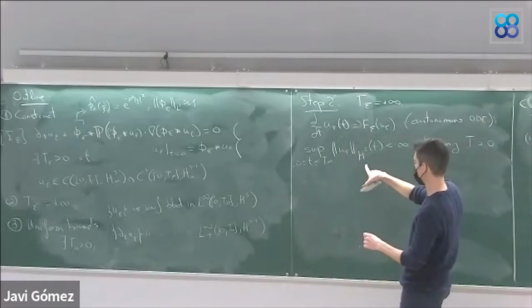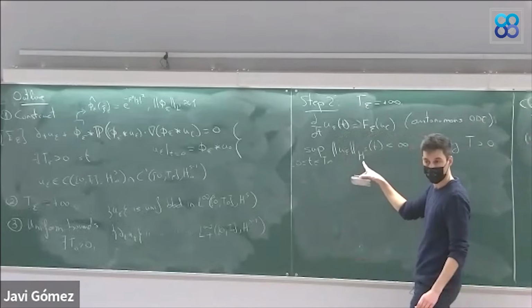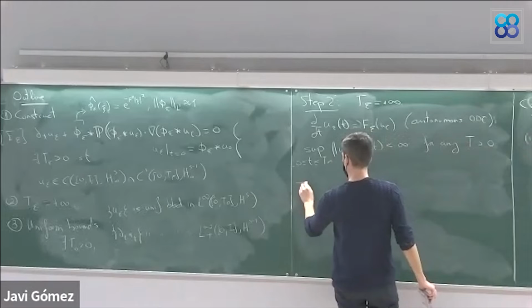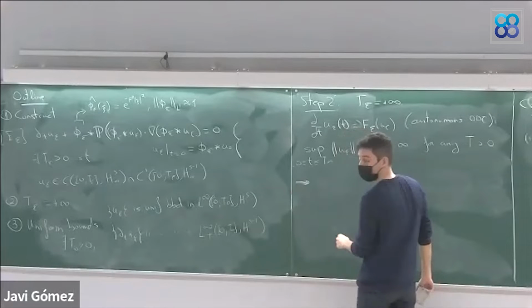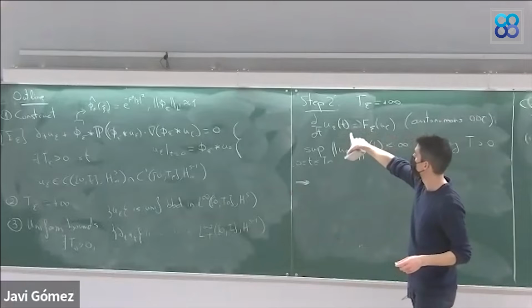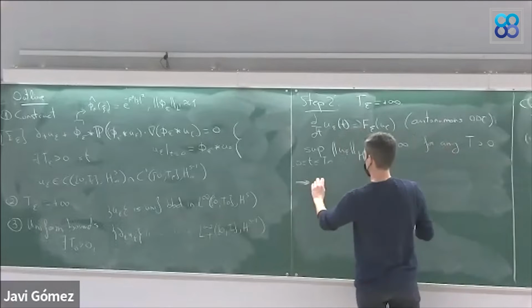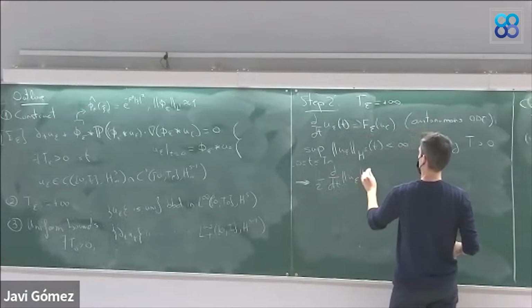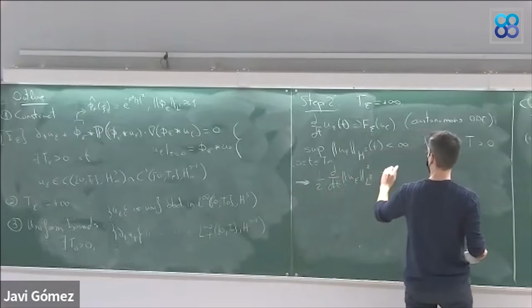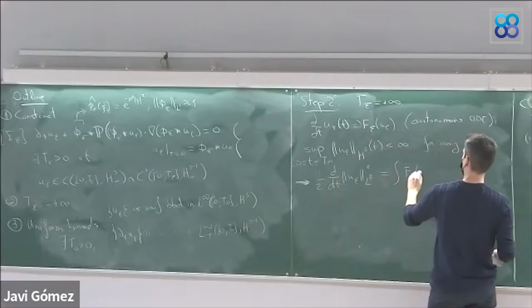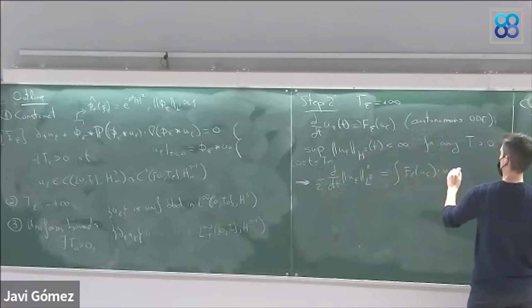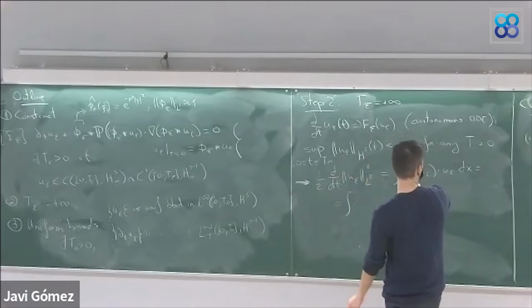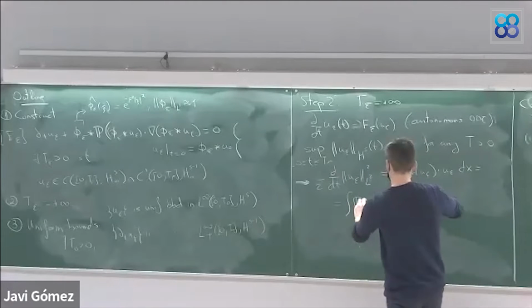Well, I'm going to show first the L2 norm and then the homogeneous HS norm. For the L2 norm, we will need this later. I'm going to obtain a uniform in epsilon bound just by taking the L2 inner product here. This was the Leray projector.